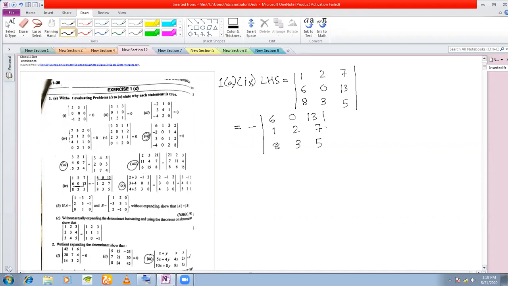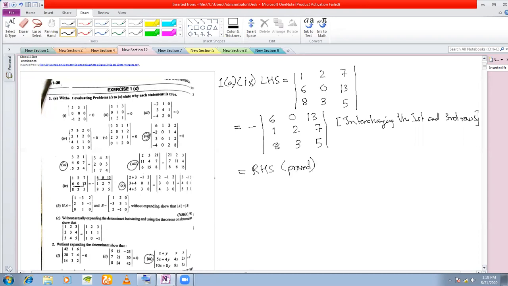And in the brackets you'll write interchanging the first and second rows. Okay, next, have we got it? Yes, we have got it. It is equal to RHS. Finished. Proof.